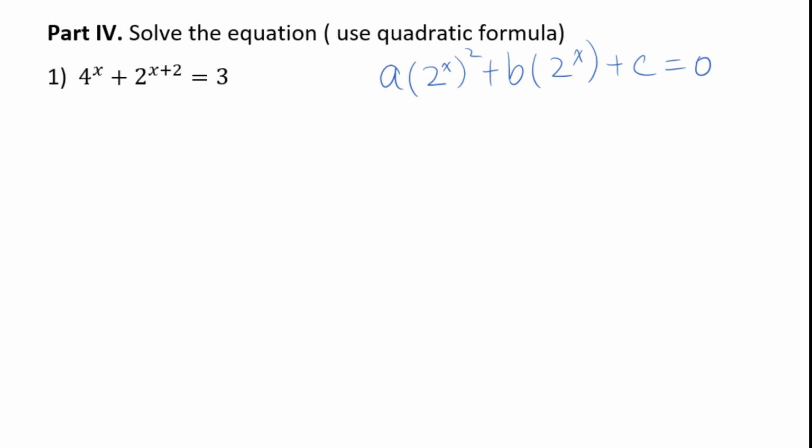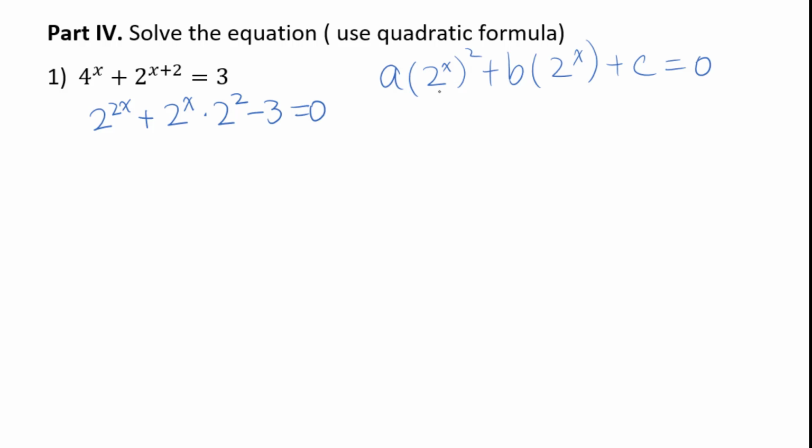For 4 to the x power, that is 2 to the 2x power plus 2 to the x power times 2 to the second power, then minus 3 equals 0.